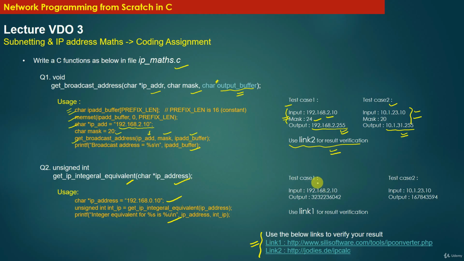You can see in the test case, for this IP address you should get the integer equivalent value. And in the second test case, for this IP address you should get the integer equivalent value for this IP address. You can verify these test cases using link 1.